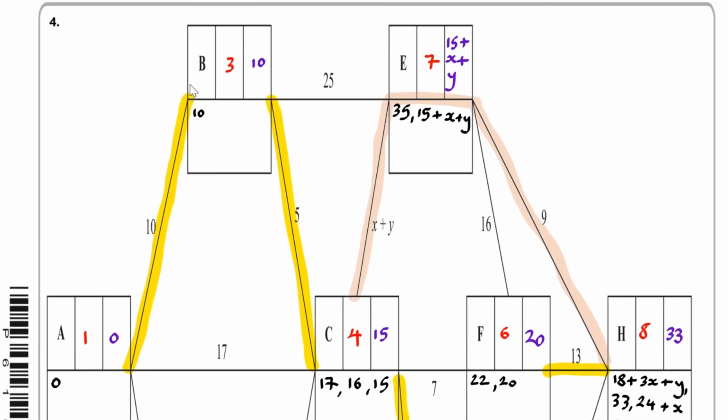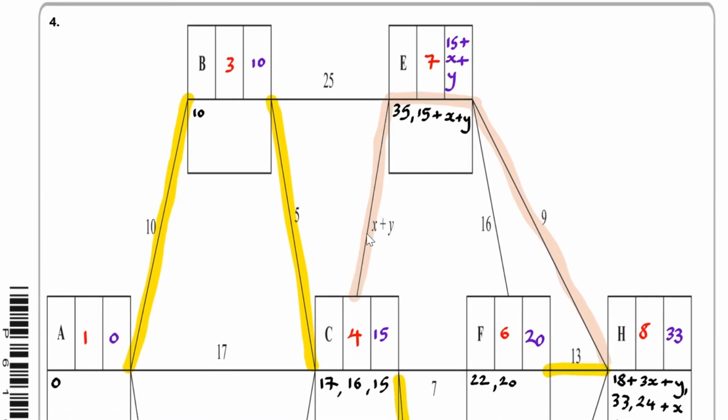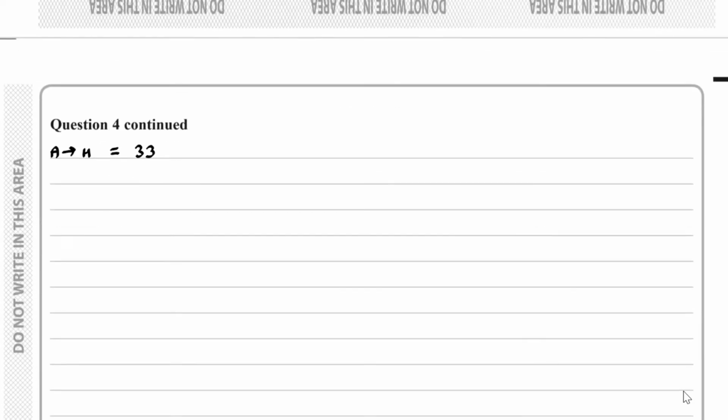So obviously A, B, C so far is critical, but then we can also have another path, x plus y, which will take us from C to E, and then 9, which takes us from E to H. So we can form an equation here. We have this 15 plus x plus y plus this 9, which is equal to 33. Okay, let's just write that down. So one of the paths which we could take, we have 15 plus x plus y equals 33.